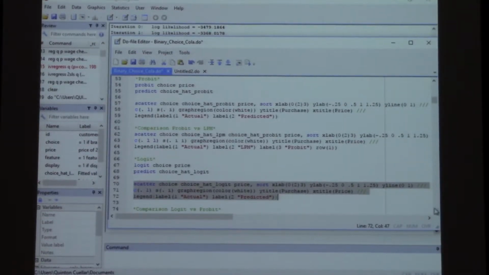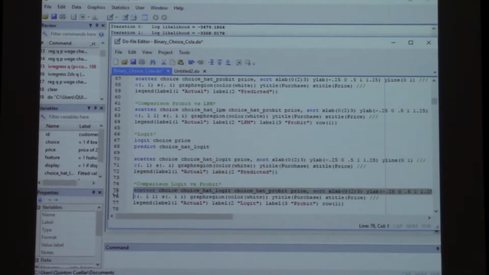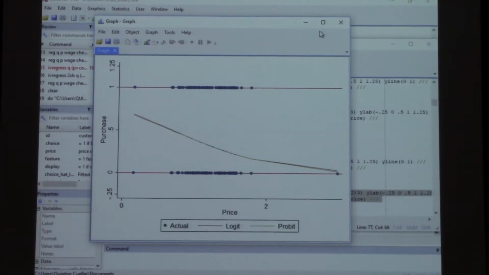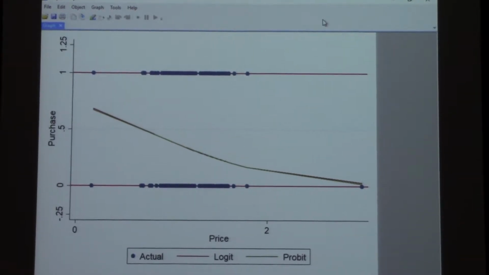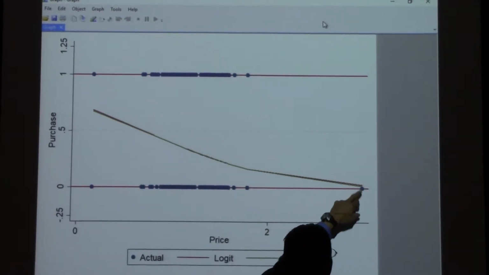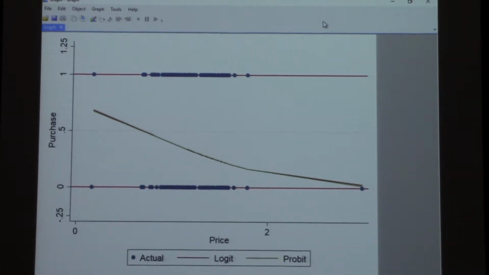We can combine these two. Can you see they're both in there? In other words, they're getting really close. The tails are different. We can see a little bit of difference there. But they're literally on top of each other.